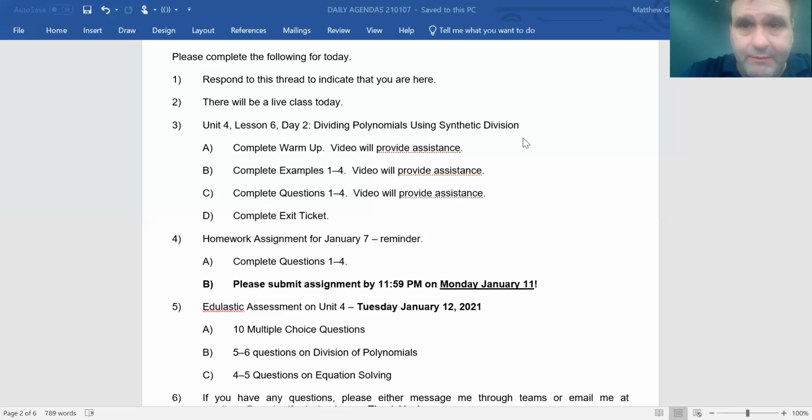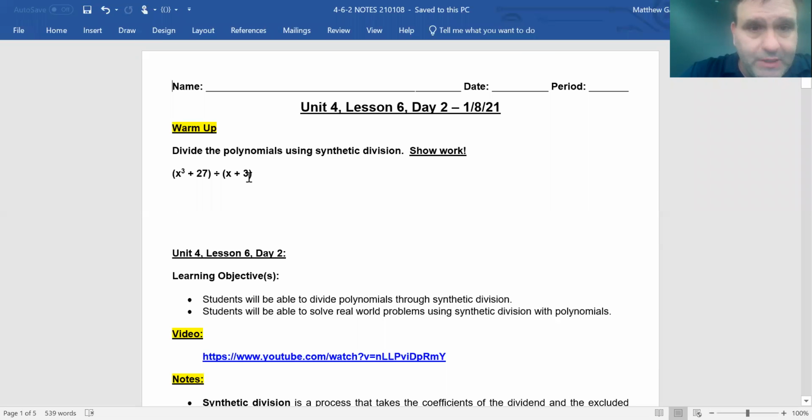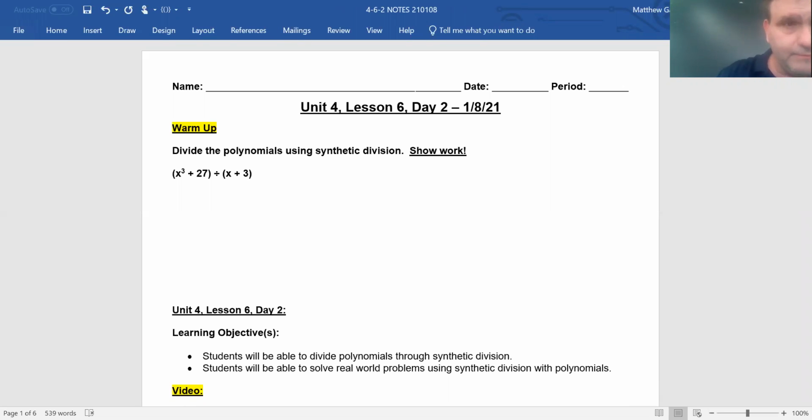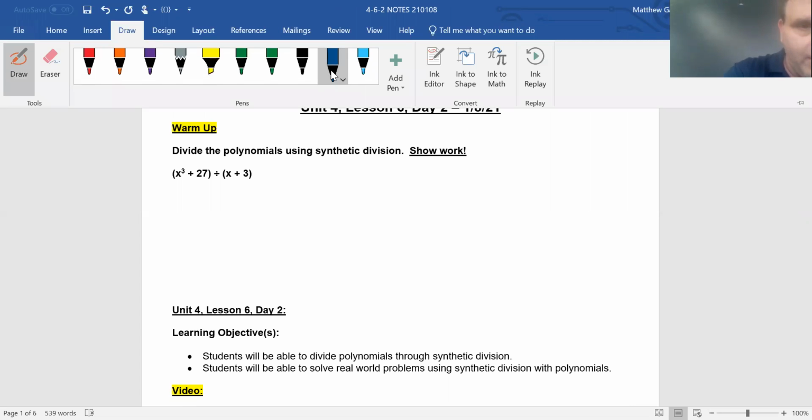We're going to start today with the same problem we did yesterday, where we're going to solve this problem. Yesterday we did it through long division, and today we're going to do it through synthetic division. When you're setting this up, just to give you a head start, your excluded value should be -3.